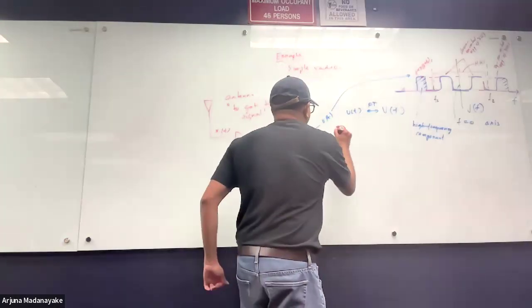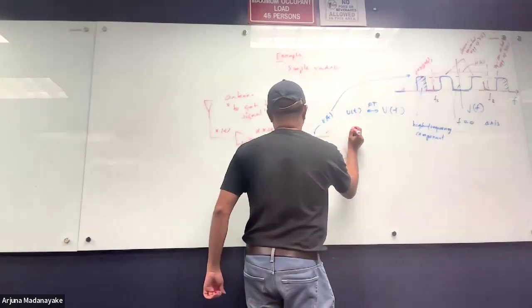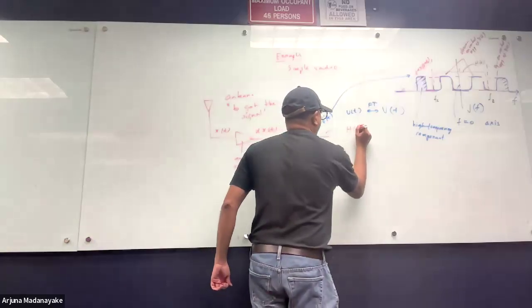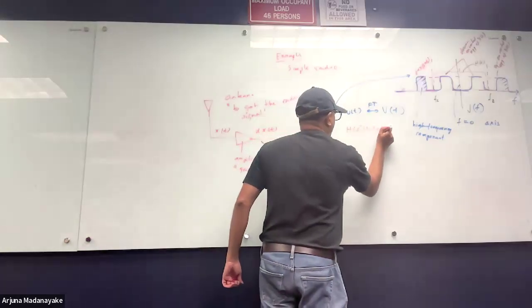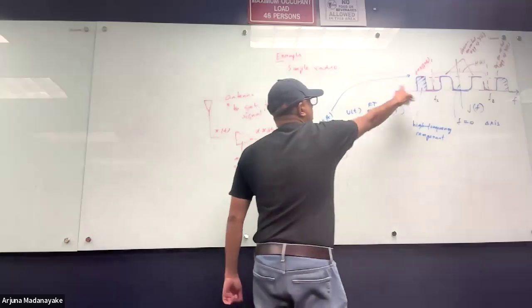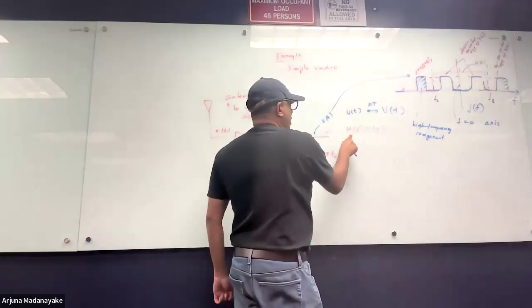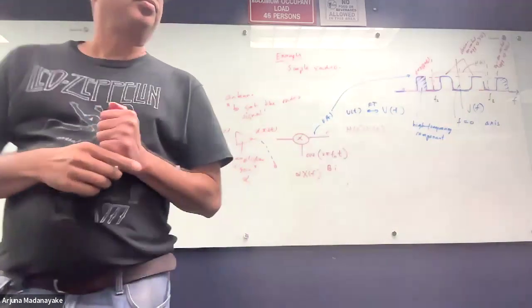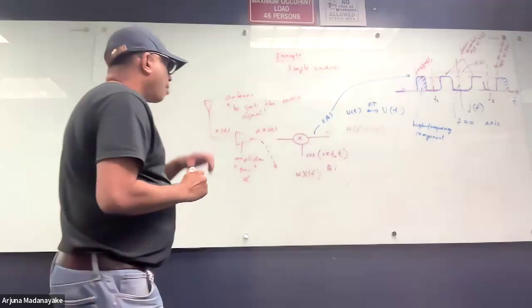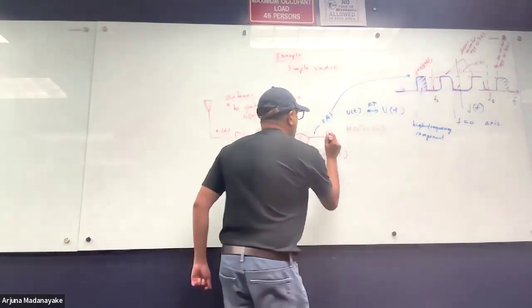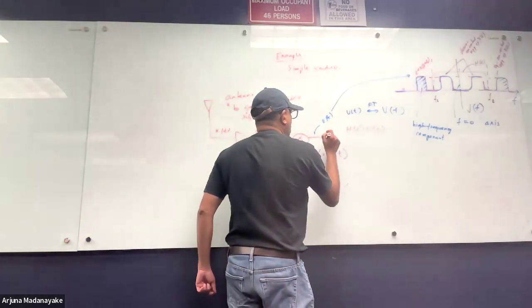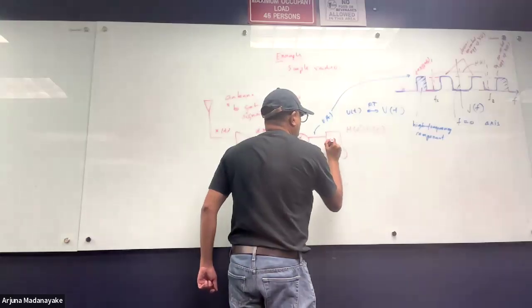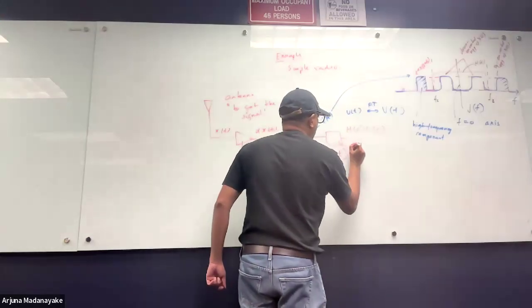So we want to compute here h of f times v of f, where v of f is that whole blue line and h of f is the pink line. H of f is not in the circuit yet, I'm going to put it there. This is my low pass filter.